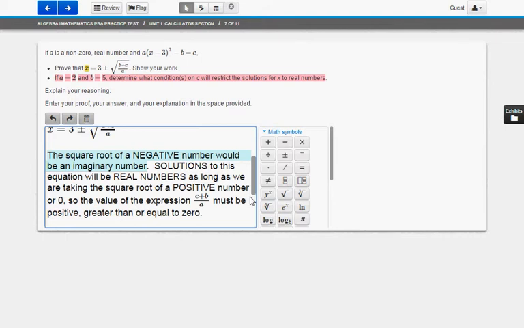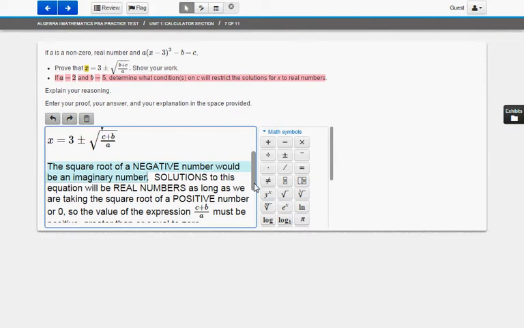So that's where imaginary numbers come into play. The square root of a negative number would be an imaginary number. So for this equation, we need the expression that's under this square root here, C plus B over A, to be a positive number or 0 in order for x to be a real number.